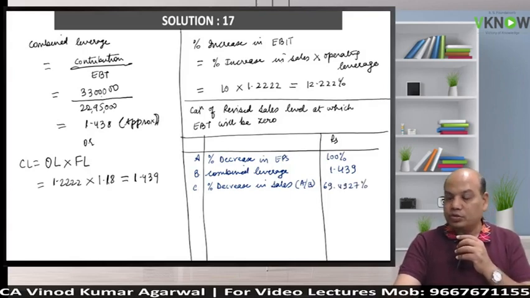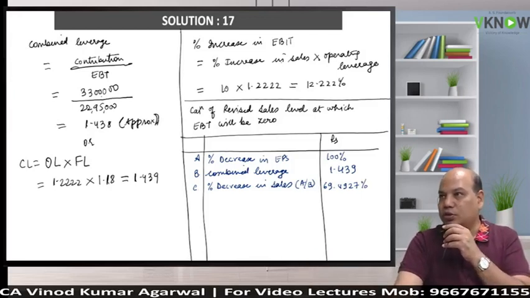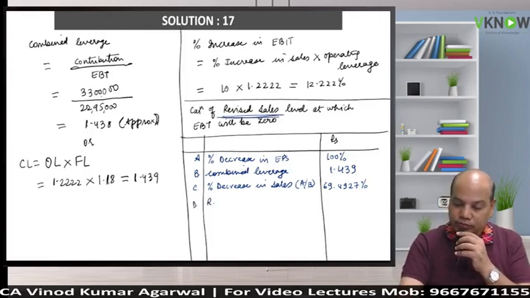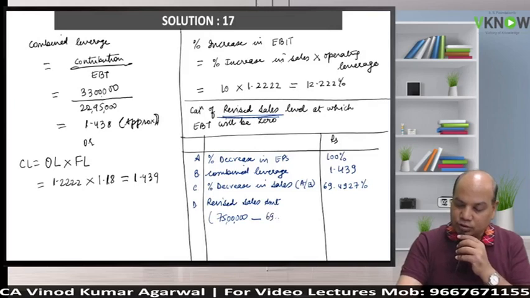So if sales decline by 69.4927%, your EPS will decline by 100%. The question is not the percentage, it is the revised sales amount. So point D, revised sales amount. Your existing sales is 75 lakh minus 69.4927%.